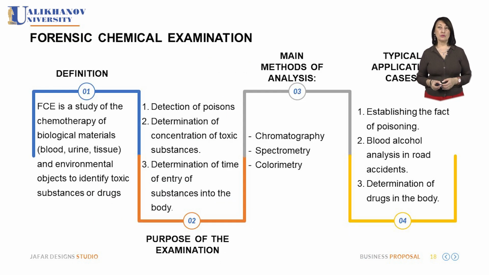And finally, forensic thanatology is a complex but extremely important area of medicine that helps to solve crimes, establish causes of death, and ensure the objectivity of justice. Thank you for your attention. I hope you find this course useful and interesting.